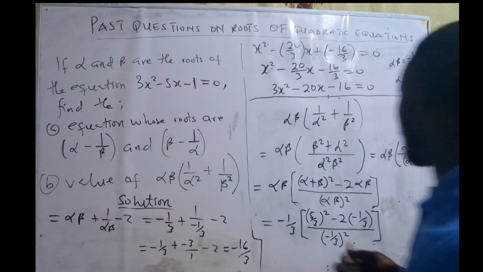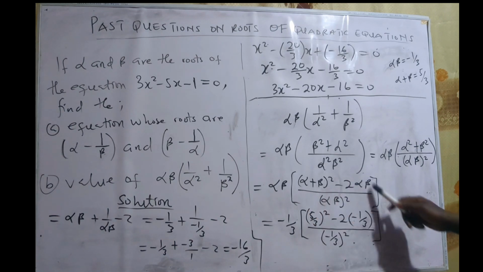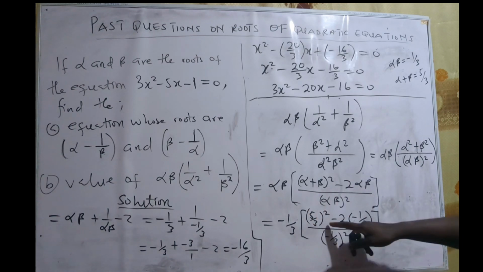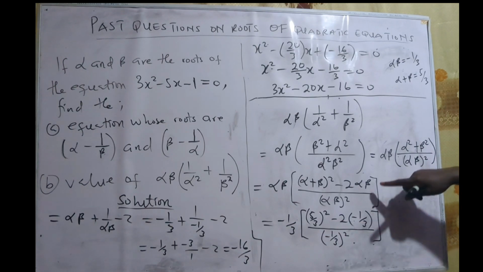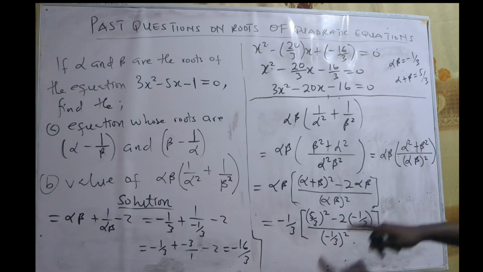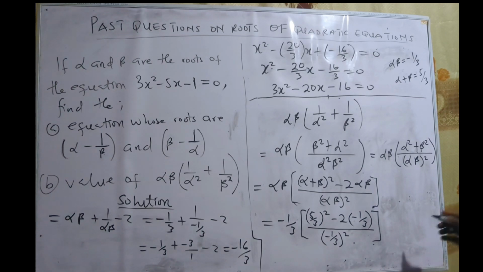I believe that from here you have understood: alpha squared plus beta squared is alpha plus beta whole squared minus 2 alpha beta. So alpha plus beta gives me 5 over 3 whole squared, minus 2 alpha beta, over alpha beta squared.